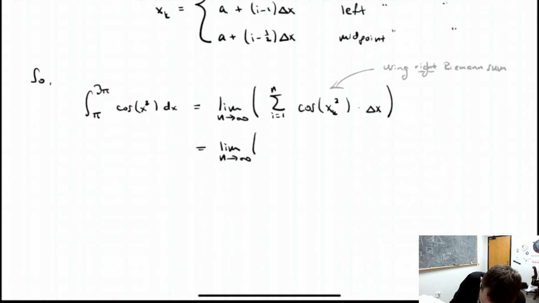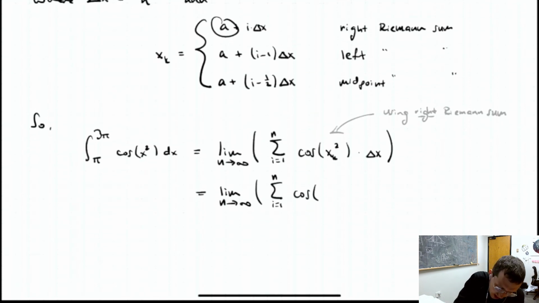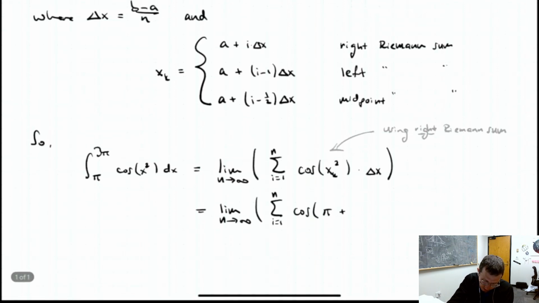Okay, so I'm just going to simplify this, or rather expand out what xk is. So xk is a, which is pi, plus I times delta x.